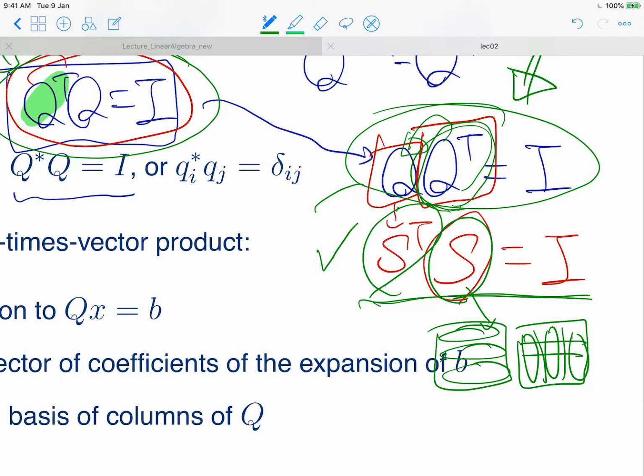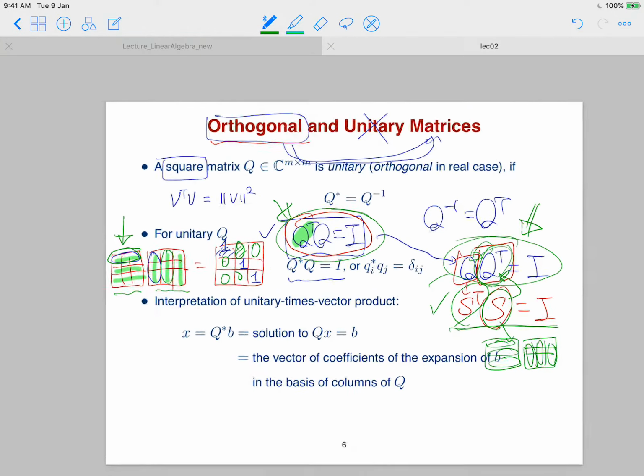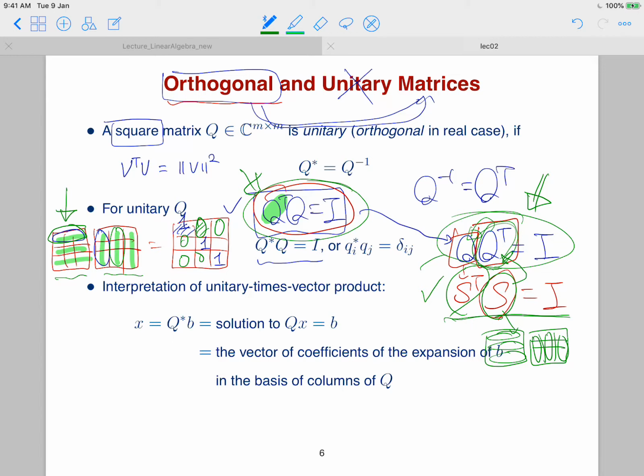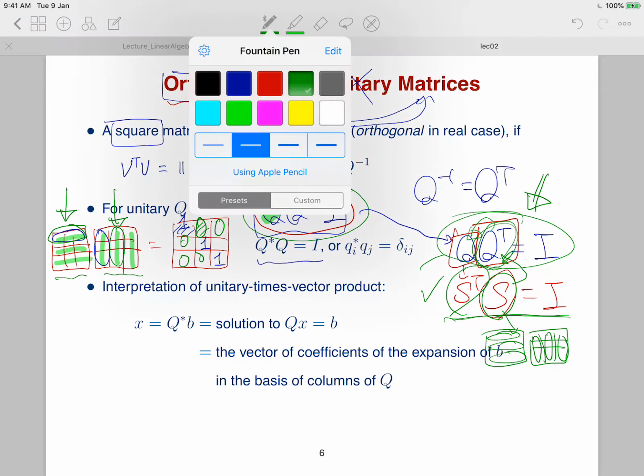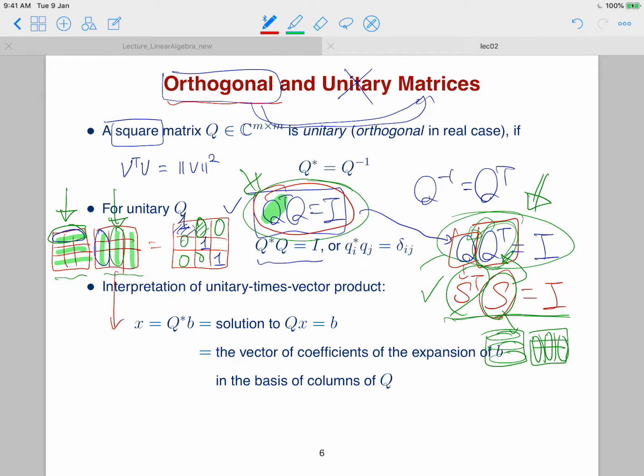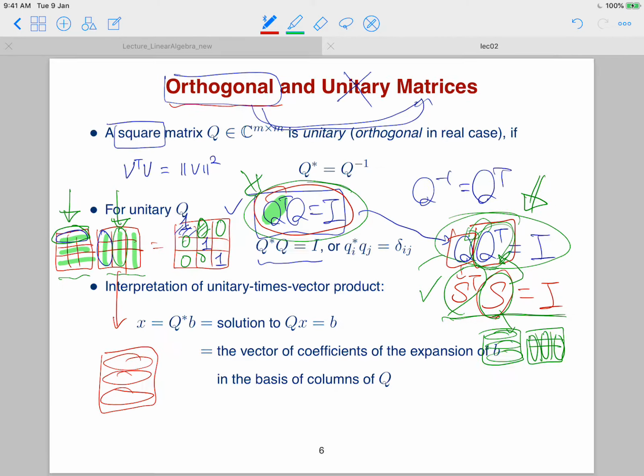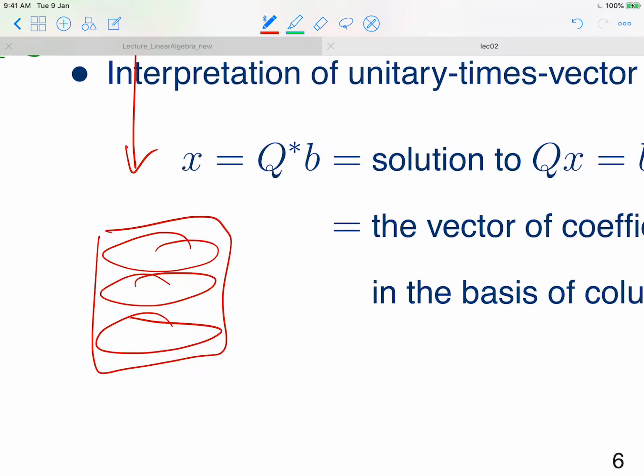And what is S? S is Q transpose, right? And Q was an orthogonal matrix. My point is that even if we just transpose this orthogonal matrix, and consider the columns of this transposed matrix, these columns are also orthonormal.